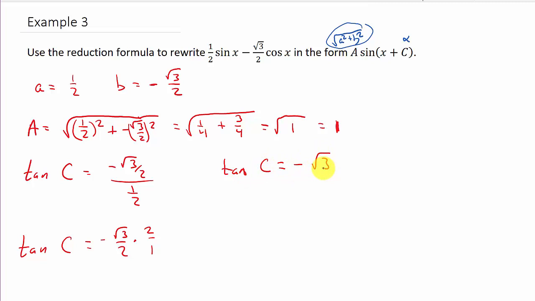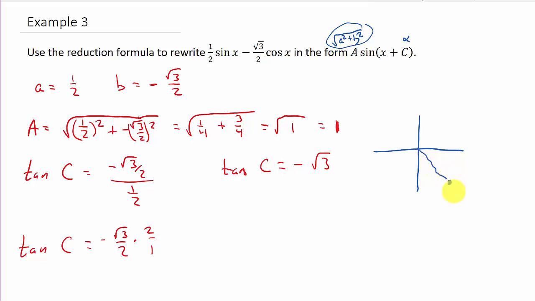All right, so what we've got to do here is figure out which quadrant our angle's in. Well, remember in the formula it says that the terminal side of the angle passes through the point (a, b). So if we plot the point (a, b), that's 1/2, negative square root of 3 over 2.